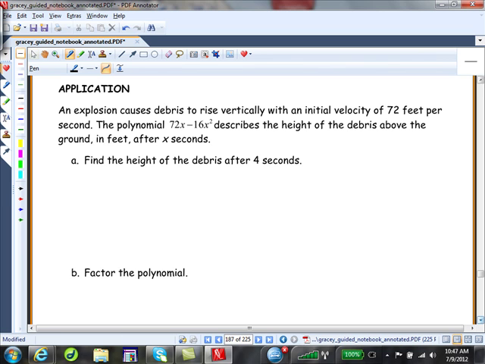So the polynomial was 72x minus 16x squared at x equal 4, because remember it's in 4 seconds. We get 72 times 4 minus 16 times 4 squared. 72 times 4 is 288. And then we'll have 16 times 16, which I believe is 256, right?